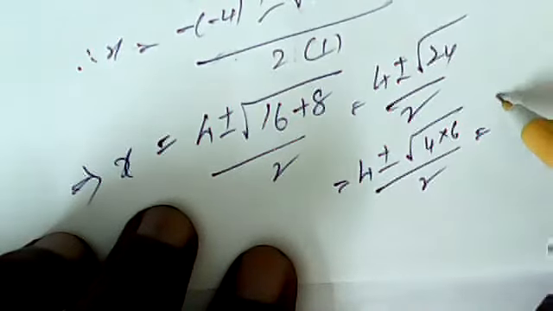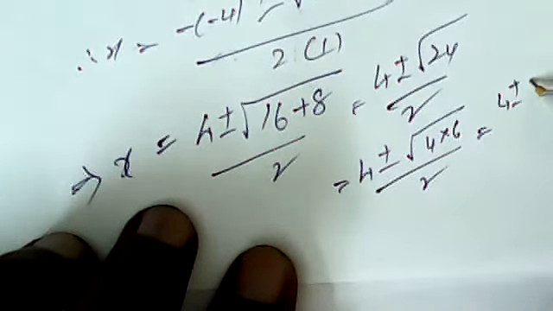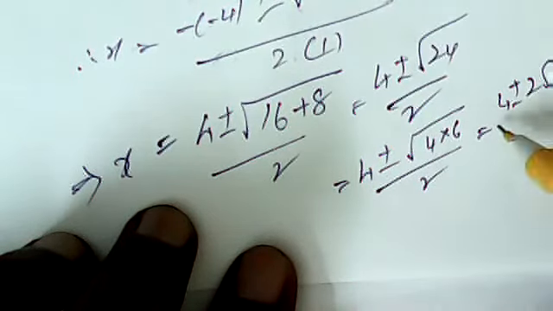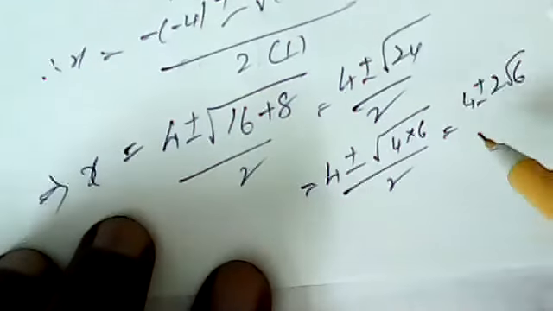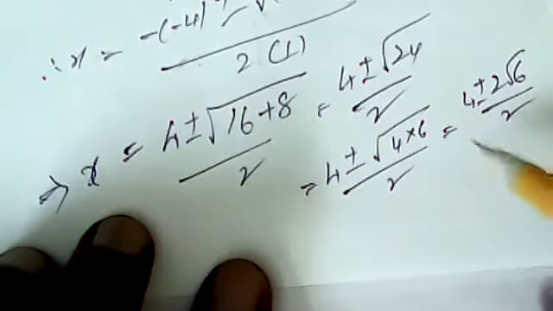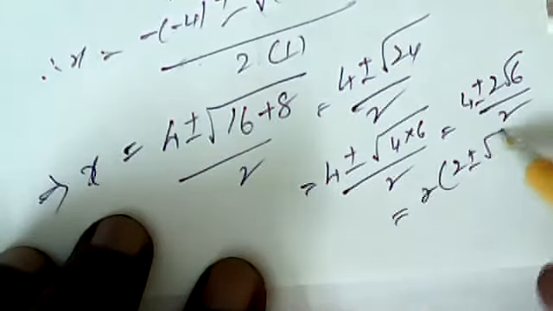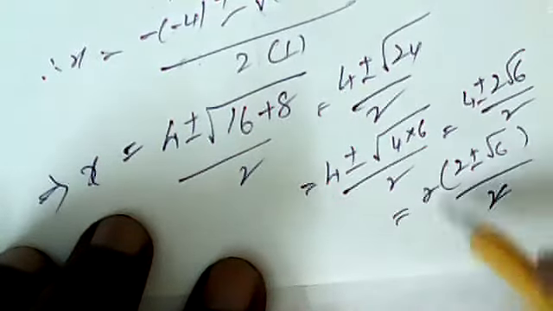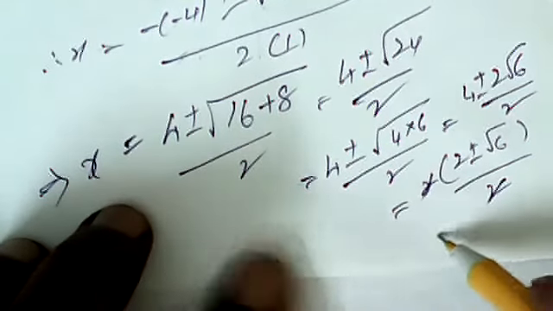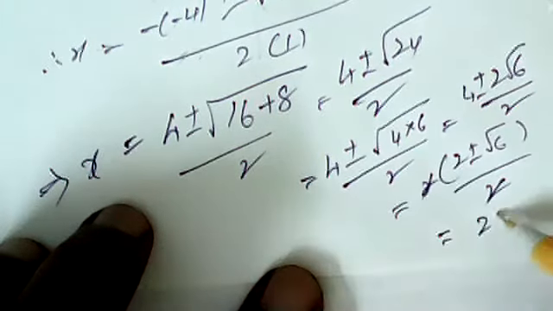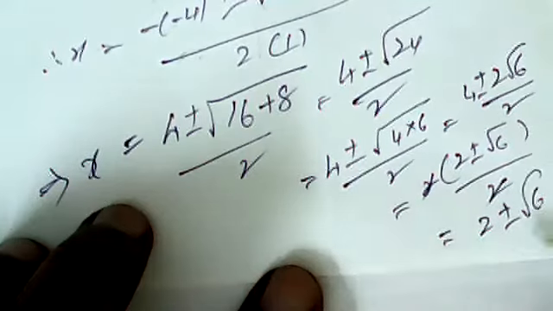This is 4 plus or minus 2 root 6, since the square root of 4 is 2, by 2. We can take 2 as a common factor, 2 plus or minus root 6, by 2, to get cancelled. Therefore, we are left with 2 plus or minus root 6. This is the answer.